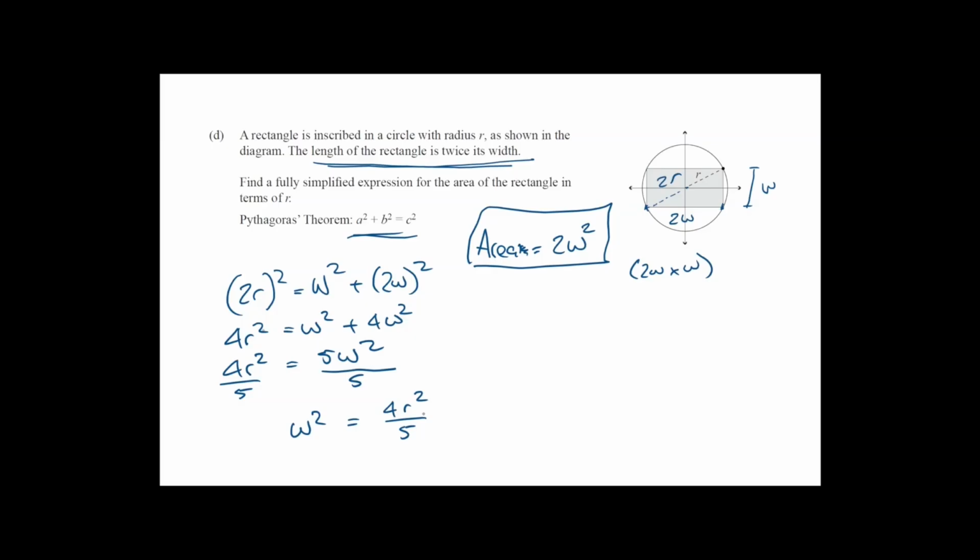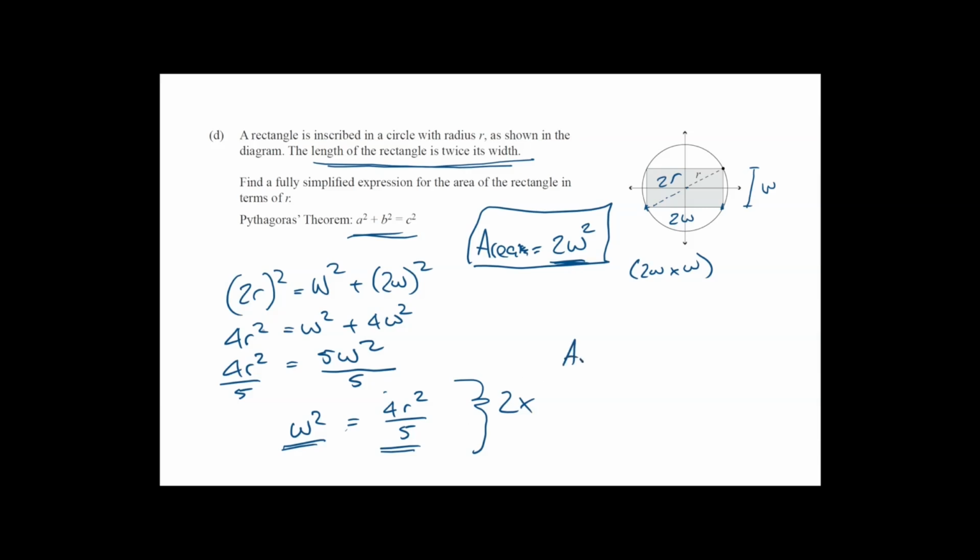That's fantastic because we know that the area is twice that. Okay, w squared is that, but we know that the area must be twice this thing here. So 2 times that is going to be 2 times 4 is 8.